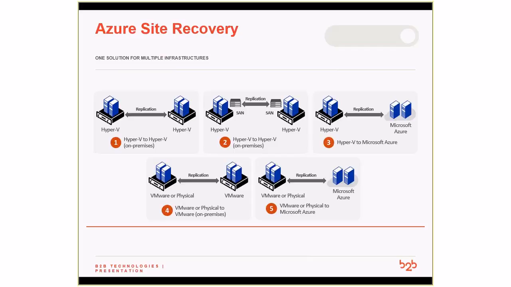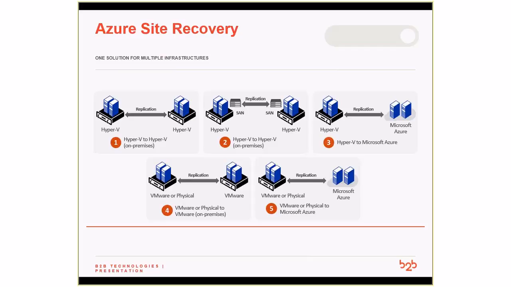The second scenario is kind of a recent addition, and this is the ability to perform Hyper-V to Hyper-V targeting, but leveraging SAN replication. So this would be on-premise again, but instead of using Hyper-V replication, we've got hooks into the storage area networks, and we rely on that replication to basically piggyback for the ASR recovery plans.